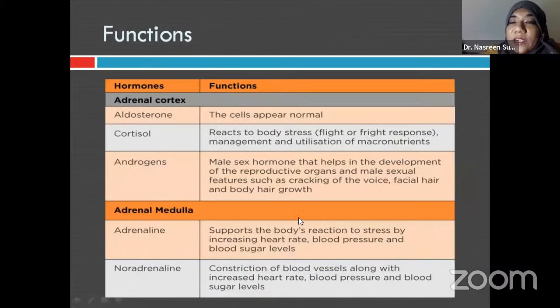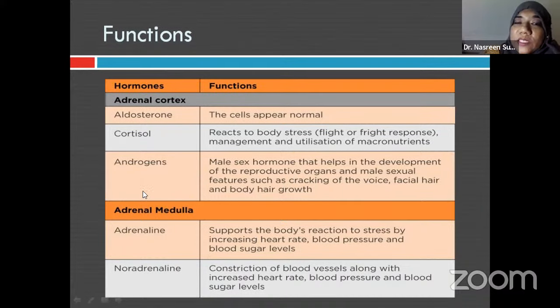Coming to the functions of these hormones, aldosterone helps in urine formation, acting on the collecting ducts to increase the reabsorption of water, as we have seen in the renin-angiotensin-aldosterone system. Cortisol is involved in the fight or flight response and reacts to body stress.